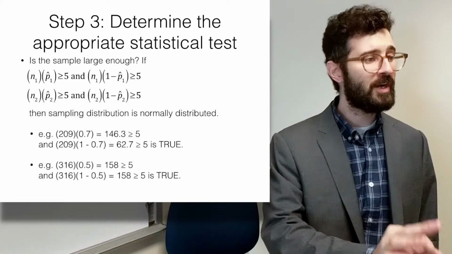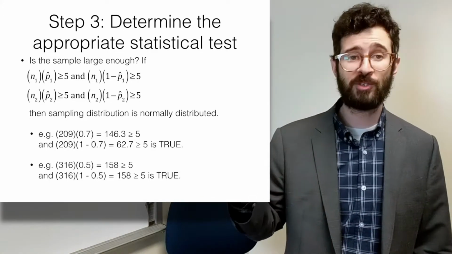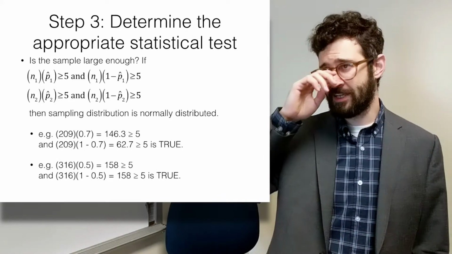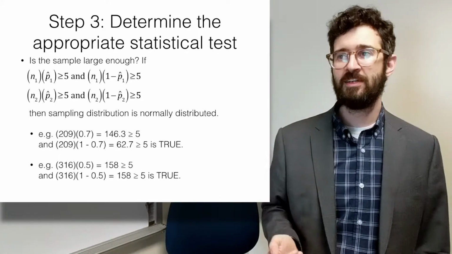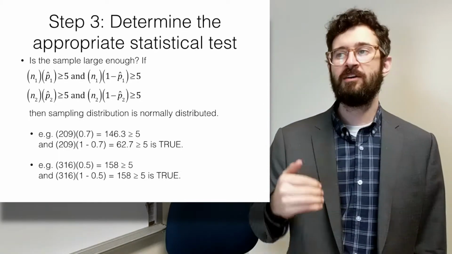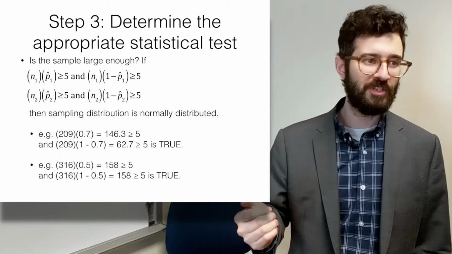Now there's one more criteria we need to satisfy when we're comparing the two population proportions. We need to make sure that our sample sizes are large enough. In order to check this, we multiply the sample size from the first sample by its sample proportion.